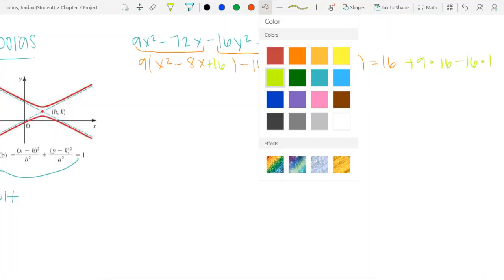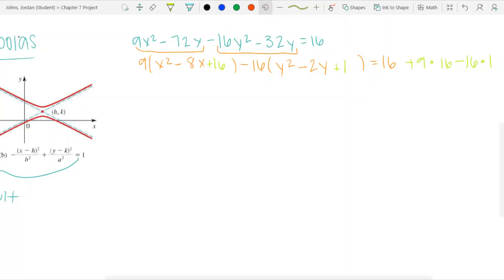If we add that all together, it's going to be 9 times (x minus 4) squared minus 16 times (y plus 1) squared equals 144.